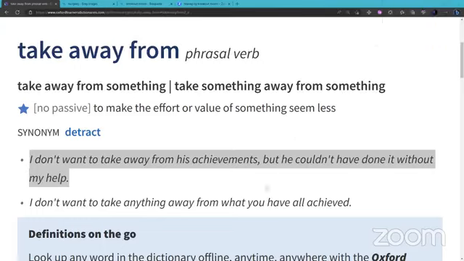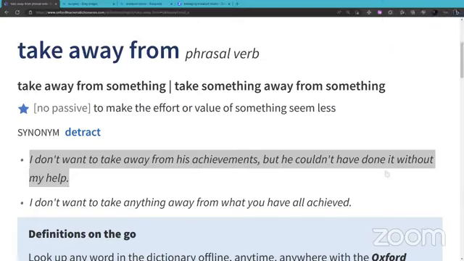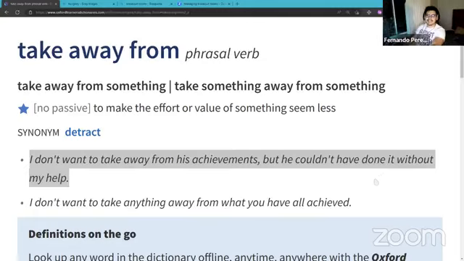In this particular example, are we talking about value or effort? Effort. Definitely. Then how would you replace it?